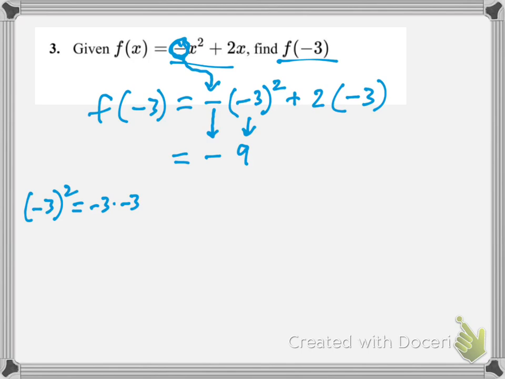Negative times negative is positive, 3 times 3 is 9. If you didn't have parentheses, that negative sign goes there and 3 squared is 9. So there's a huge difference between having parentheses and not having parentheses. Anyway, positive 2 times negative 3 is negative 6. Negative 9 minus 6 is negative 15.